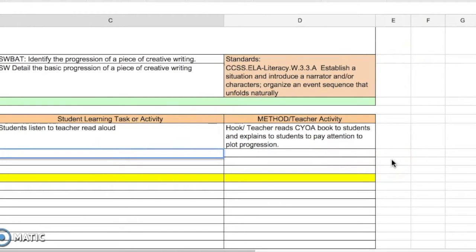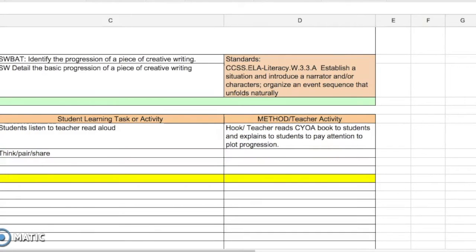Then I want them to think, pair, share. I think think, pair, share is a great way, and those usually take a while. I'm going to put 10 minutes for that as well, for students to share what they're thinking. They just heard it and now they're going to let it come together in their mind and share it with their peers.